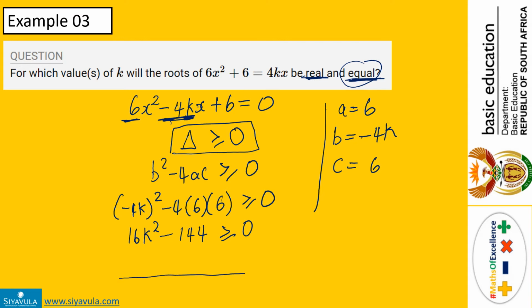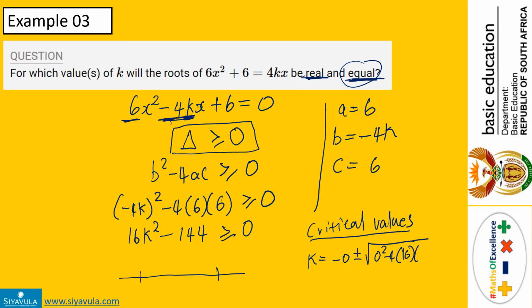What I can do is get my critical values using the quadratic formula. K equals minus b, we have 0, we don't have b, plus or minus the root of 0 squared minus 4, our a is 16, our c is minus 144, divided by 2 times a, which is 16.